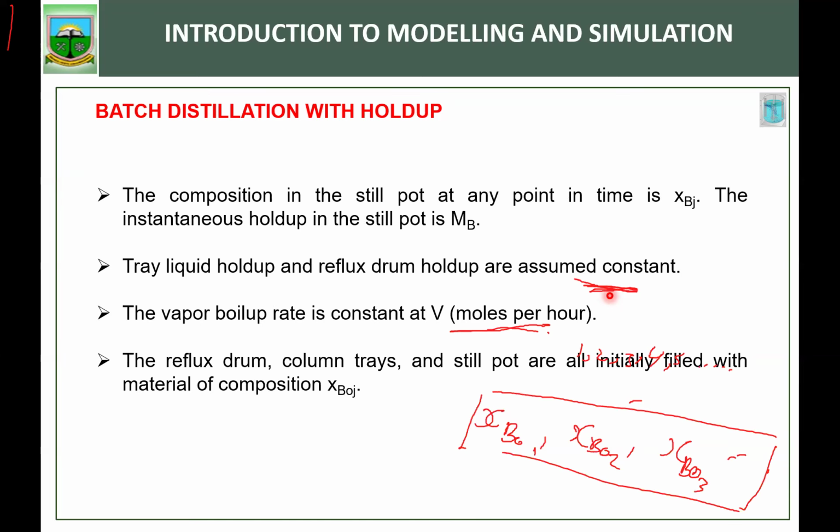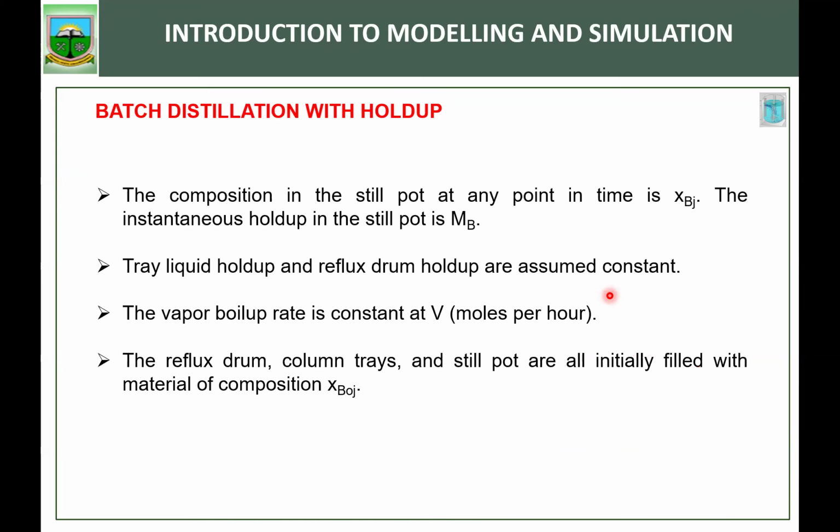The next thing is that the composition in the still pot at any time is, as I've said, XB. That is inside the still pot now, because when we start distilling, some parts will start leaving, right? So it's not all that will leave. The initial is XBO, but at any point in time during the process, it becomes XB.